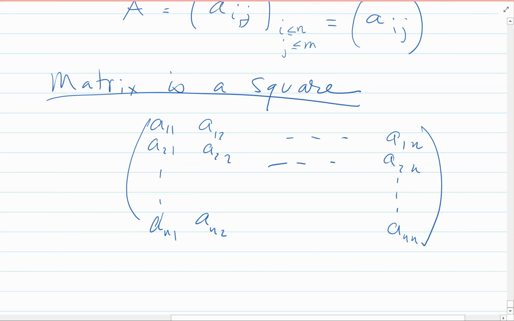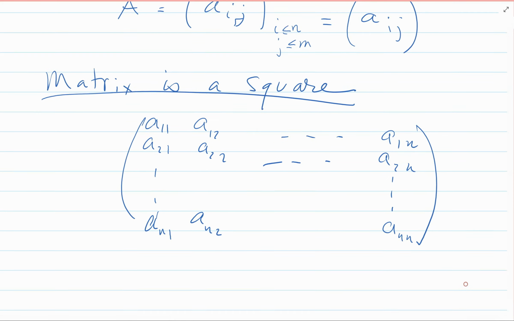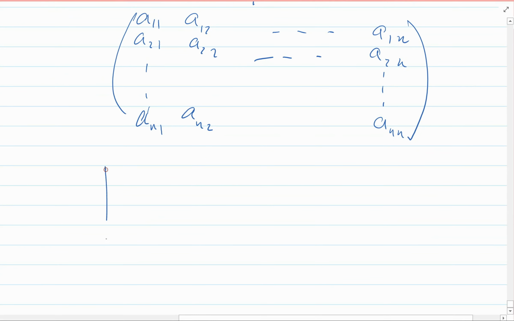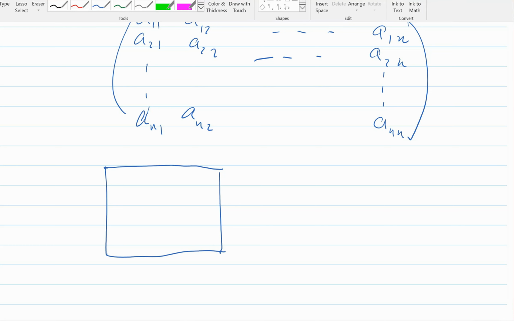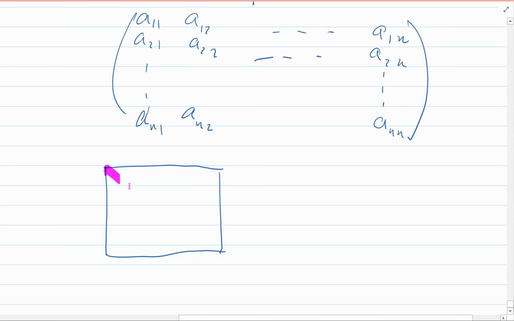Okay, because it is a square, let me just make a little drawing here. So this is a square. For a square, this here is known as the diagonal. In fact, a square has two diagonals.